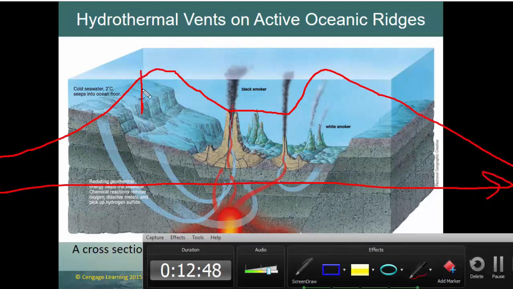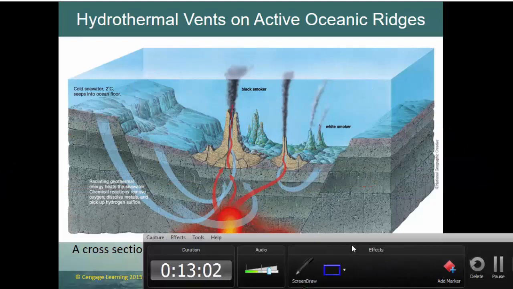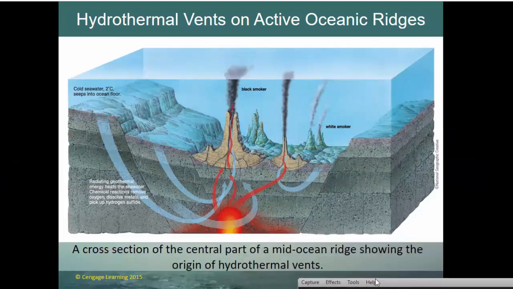This section on this illustration, from here to here, is just being shown right in this section on what I've drawn. So this on the illustration is just this very central section. The ridge is significantly higher than the rest of the sea floor. All right, so a cross-section of the central part of the mid-ocean ridge showing the origin of those hydrothermal vents.